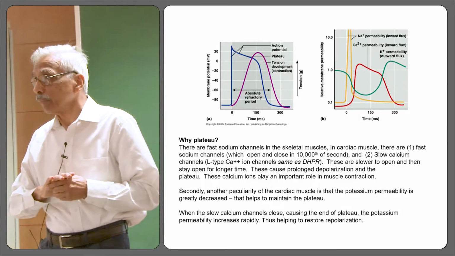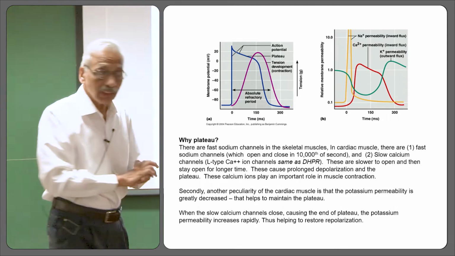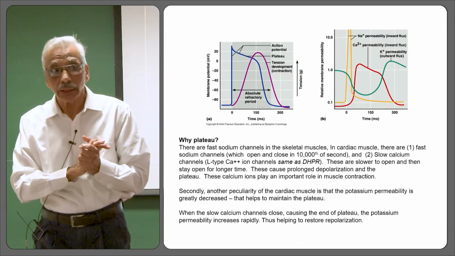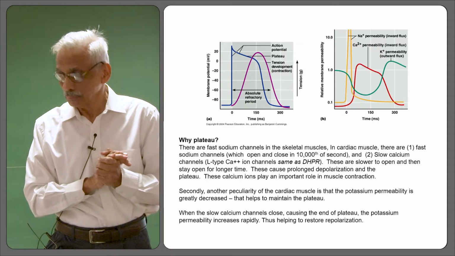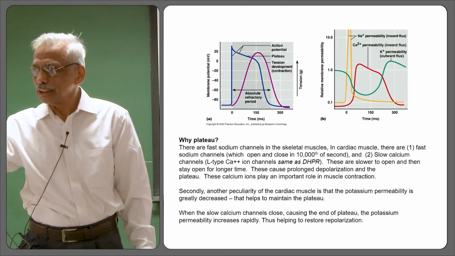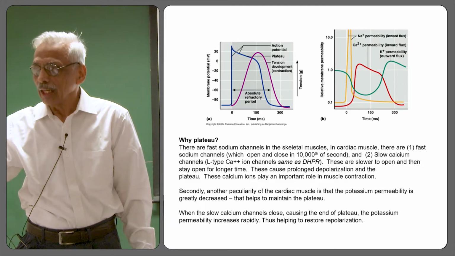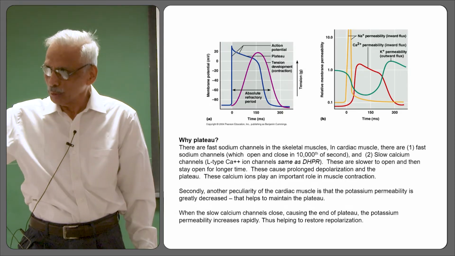When the voltage is declining, that's a very interesting question. What is making the potassium ion channel open at that particular time? These are all voltage gated ion channels, and their operation depends on the typical voltage which you provide to the membrane.